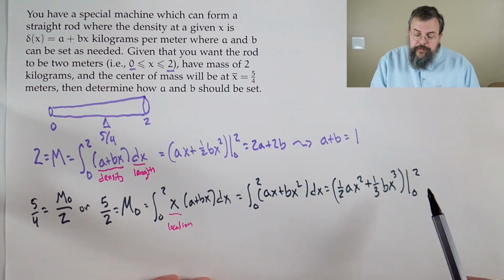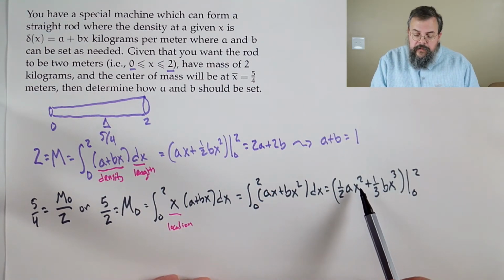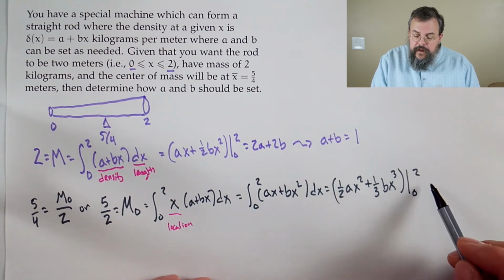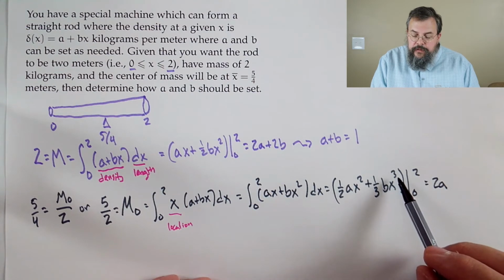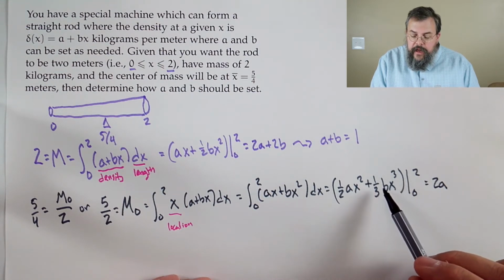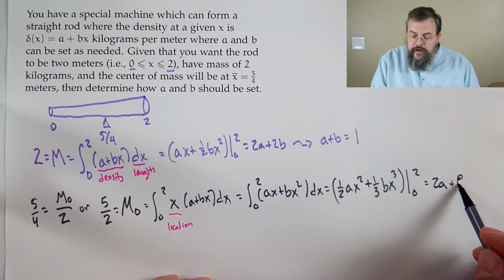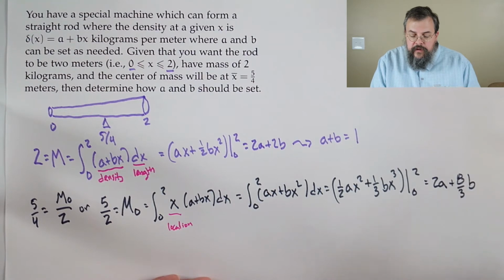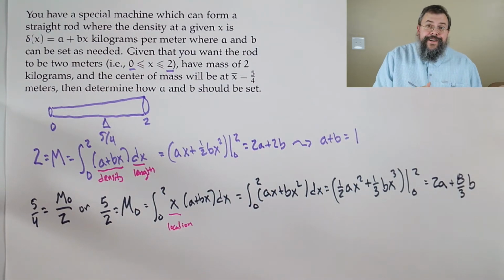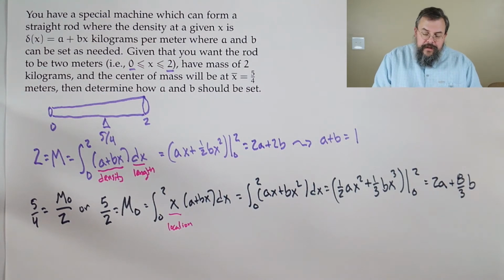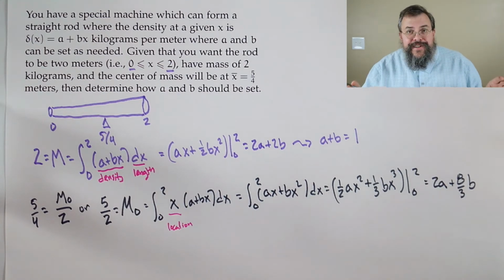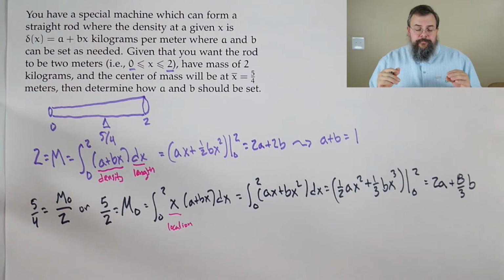If you plug in 2, 2 squared is 4 times 1/2 gives us 2a. 2 cubed is 8 times a third is 8 thirds. So 5 over 4 is equal to 2 times a plus 8 thirds times b. Well, let's get rid of fractions. How can we get rid of fractions?